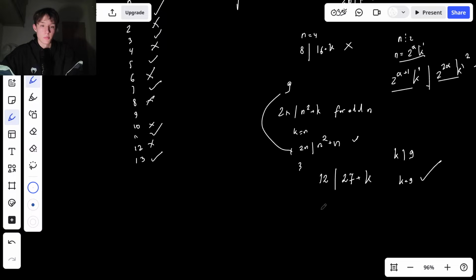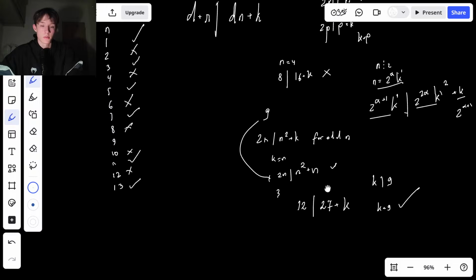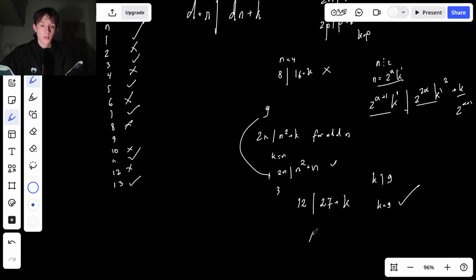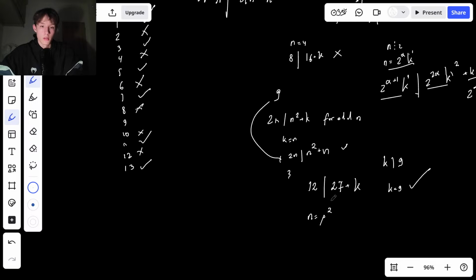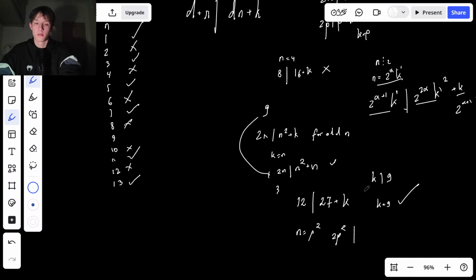And if I look at, for example, p prime to the power of 2, so p squared, if n is equal to p squared, we can say that 2p squared should divide... Okay, I'm looking at this, so it kind of confused me.